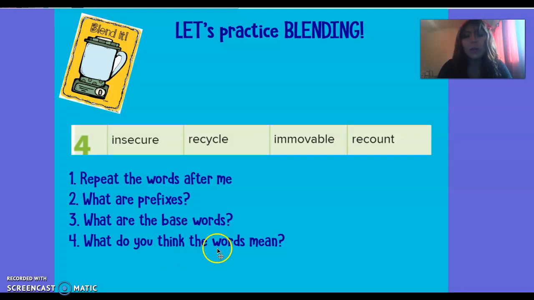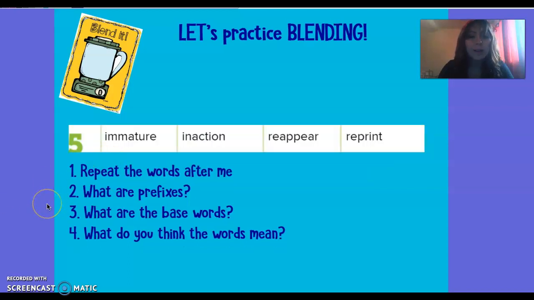Now, what do you think the words mean? Yes, insecure means not secure or not safe. Recycle means to cycle again. Immovable means not movable or not able to move. And recount means to count again. Awesome job. Let's move on to line 5. Repeat after me. Immature.